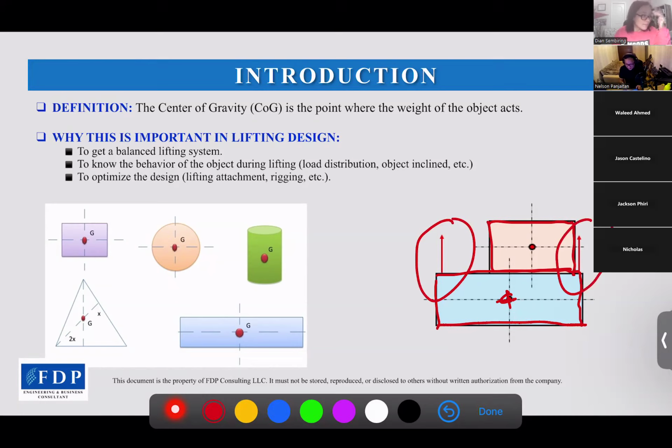So we cannot just use the blue object's COG or the other one, but we need to combine the COG, and how to get the combined COG is related to our lifting design.